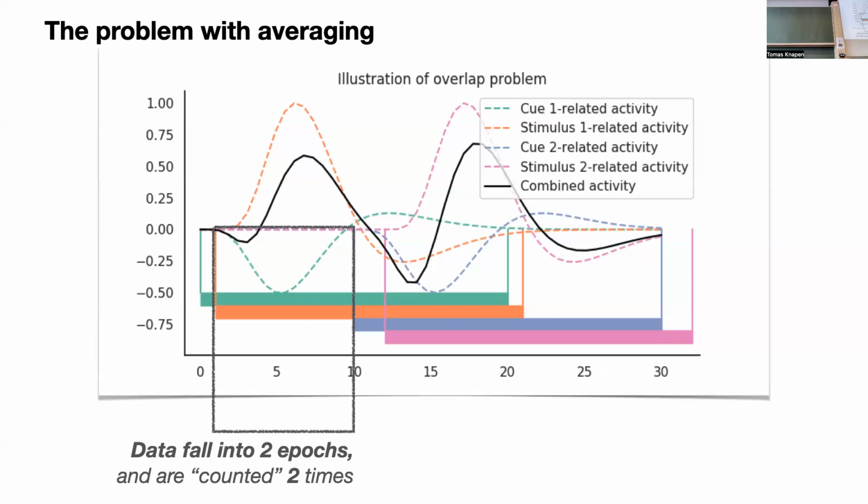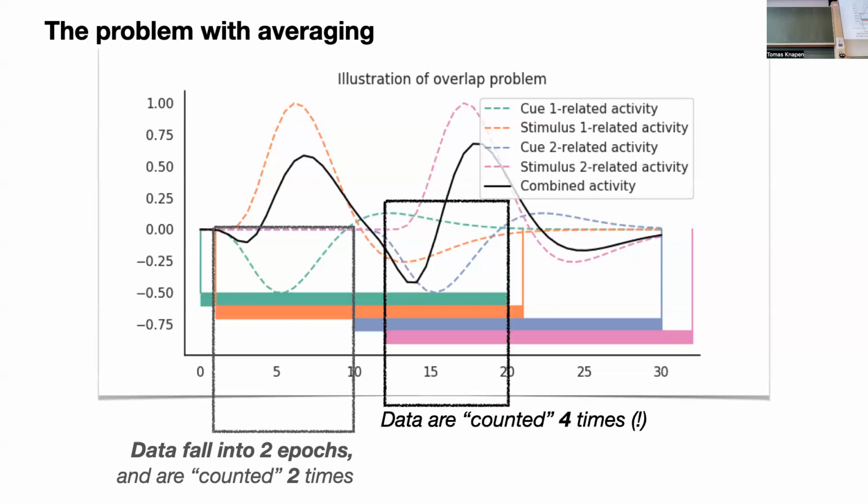Similarly, it gets worse. You can see where it gets worse in this analysis, right? In this scenario, data are counted 4 times, right? No inherent reason why signals on these time points should be so important. But if I epoch them like so, I am counting them 4 times, and that gives them overly strong weights in the end result.